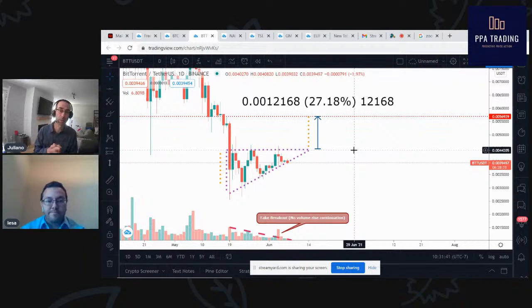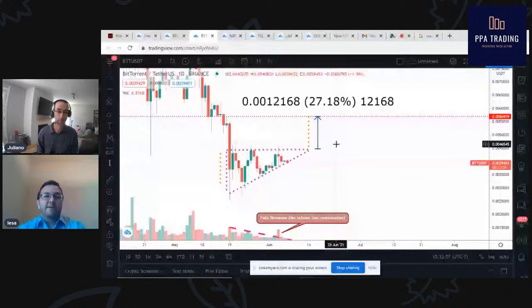The probability that we see here is the probability of success to the upside, but we need to see the confirmation. We need to see the break. You know, as a trader, you do not act upon your hope, about your bias. You look for the pattern and you look for the breakout to the upside or to the downside. You need to know how to buy long, or you need to go short if it decides to break to the downside. Great examples. This side, do you have another one for us?